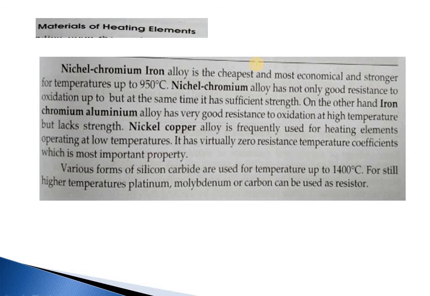And more than that, we use platinum, molybdenum and carbon as a resistor. So different materials will create different amounts of heating, and depending upon the material, the heating can be done.